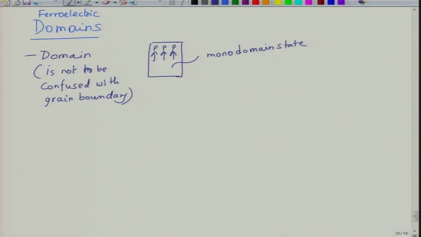So, a domain is basically a region of single orientation of polarization, right.